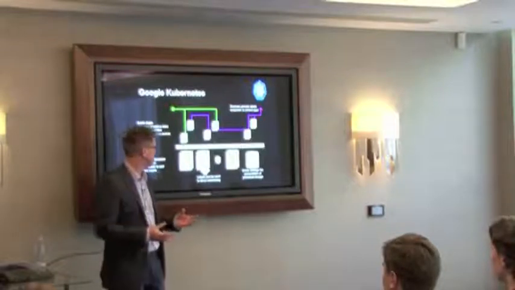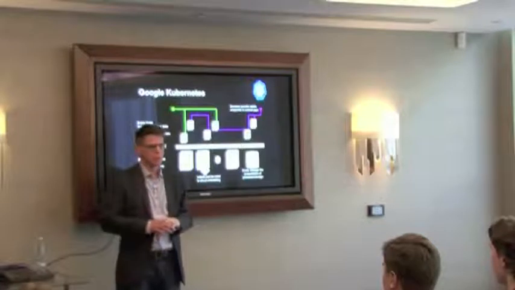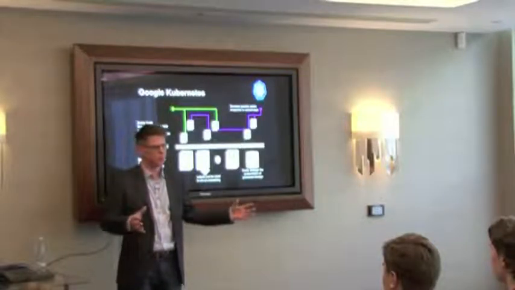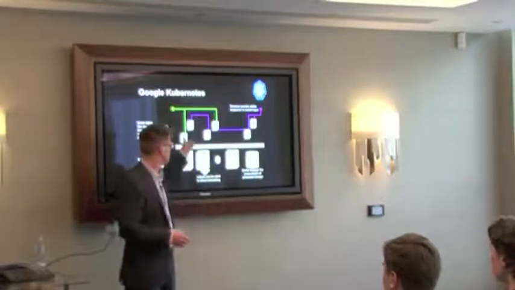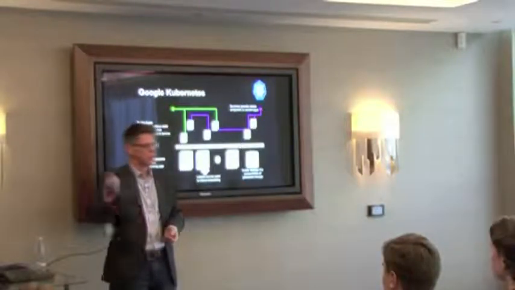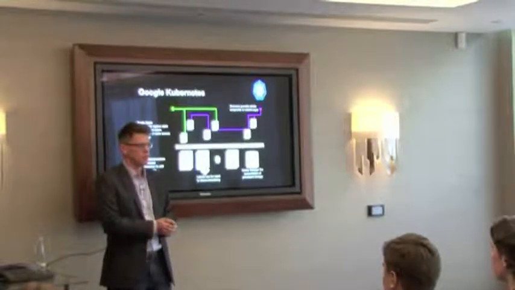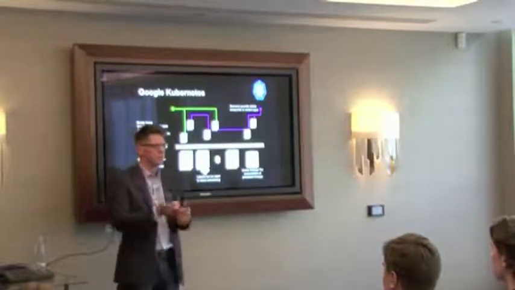What Kubernetes does is enables you, the platform admins, to define a number of persistent volumes that are available, and then developers can say, well, when you run my application, I'd like to claim one of those persistent volumes and then attach it to my container and mount it on my container.